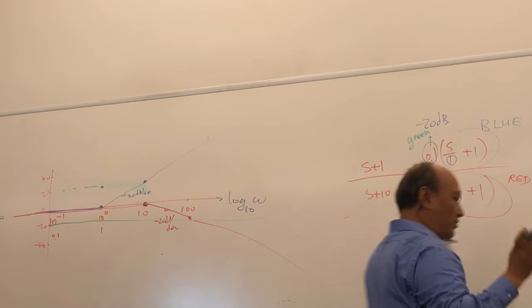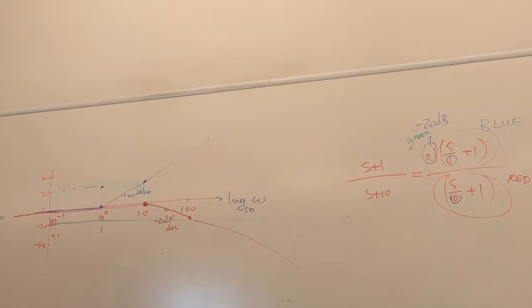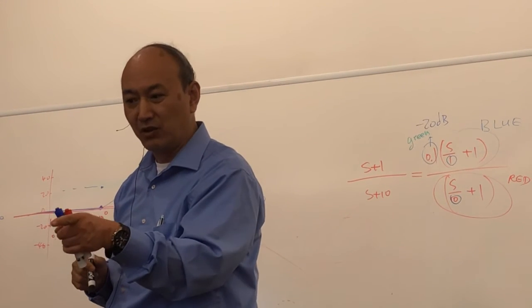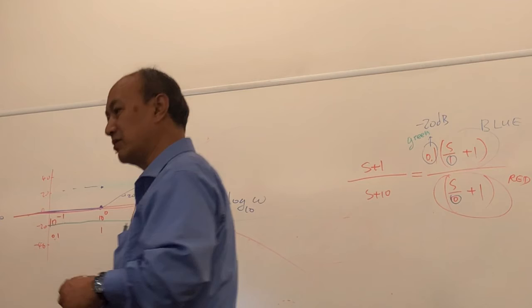Okay, so this is green. So these 3 lines, red, blue, and green, will add together. And you see the color. The resultant one is black. Can you go with me how to do this black? And also draw your stuff on your quiz.